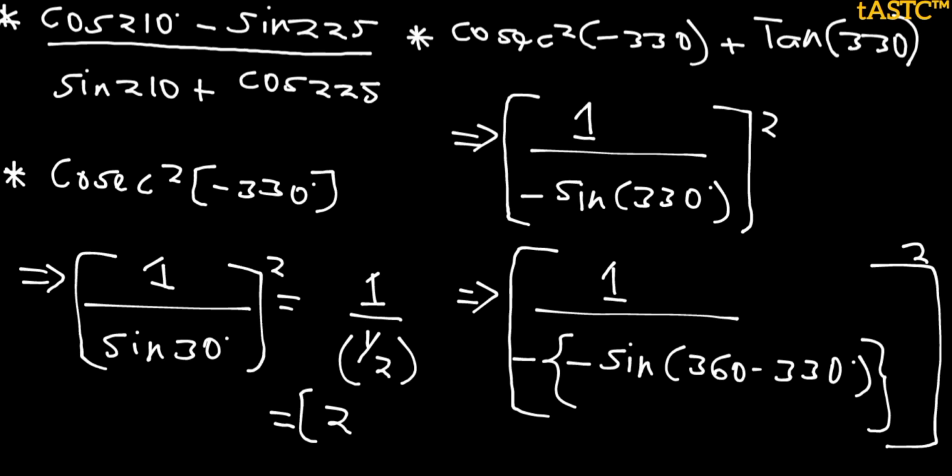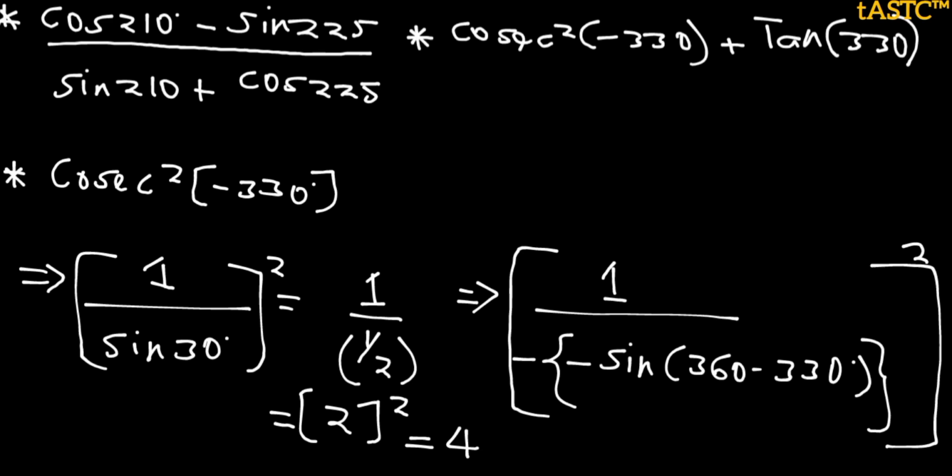So this 2 should also be squared, and that is going to be equal to a 4. And that is what you have. So I'm going to take these out and just try to write it here. Cosecant squared negative 330 degree is actually equal to 4.